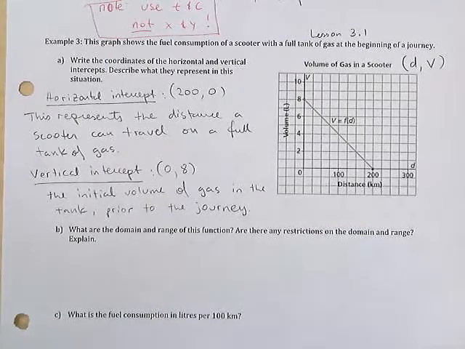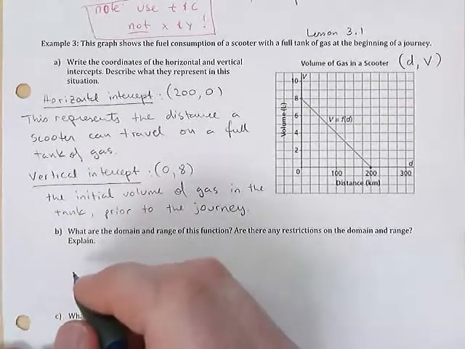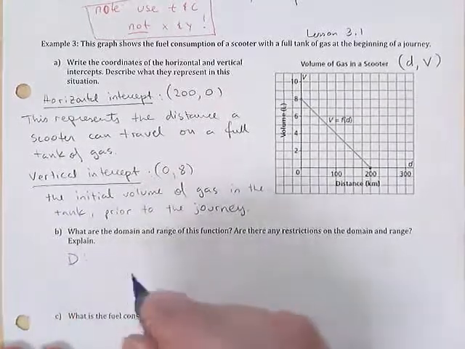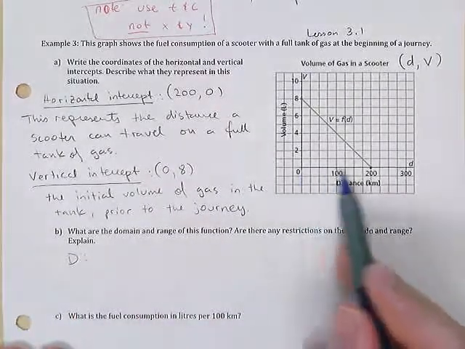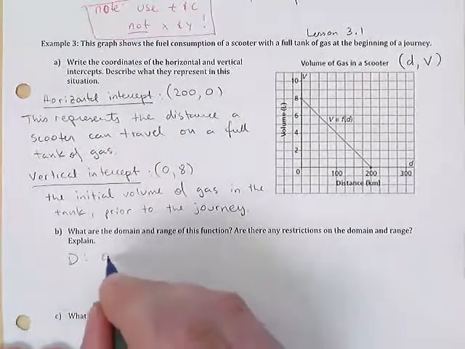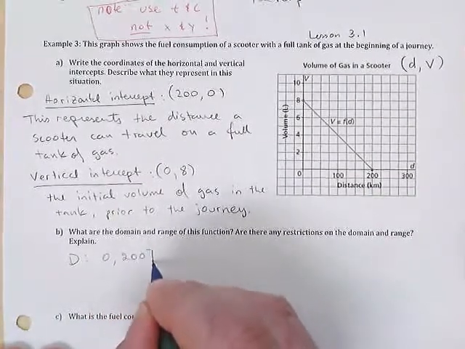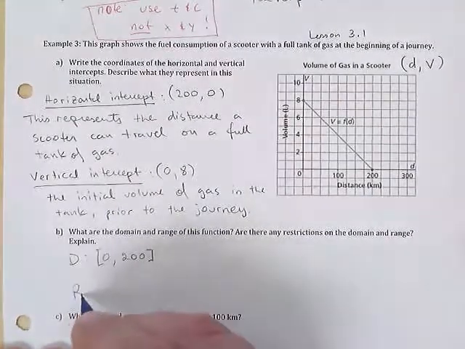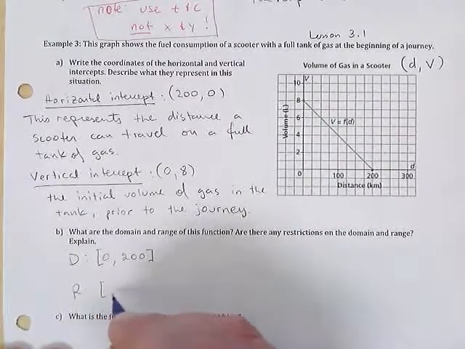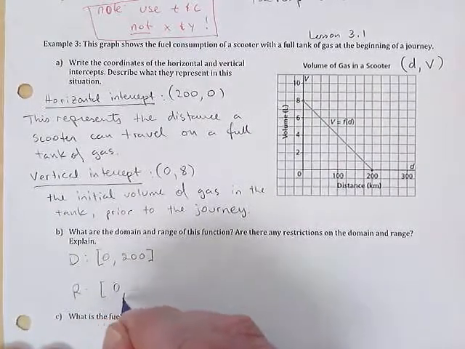What are the domain and range of this function? Are there any restrictions on the domain and range? Explain. All right. So for domain, you could say that you're going from 0 to 200, right? And it's both inclusive. Most of the time for word problems, that is the case. And for range, it would be 0 to 8, right?